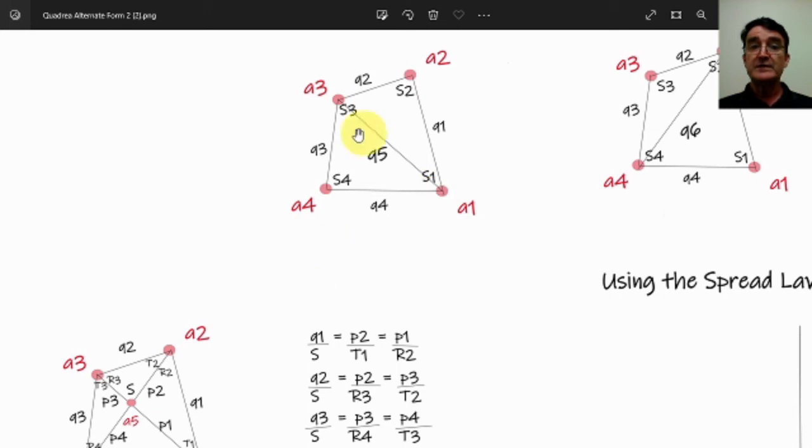Okay, so there are two projective triangles here, A1, A2, A3, and the quadria of that projective triangle is Q1, Q2 times S2. And similarly, this triangle A3, A4, A1, the quadria of that projective triangle is Q3 times Q4 times S4.